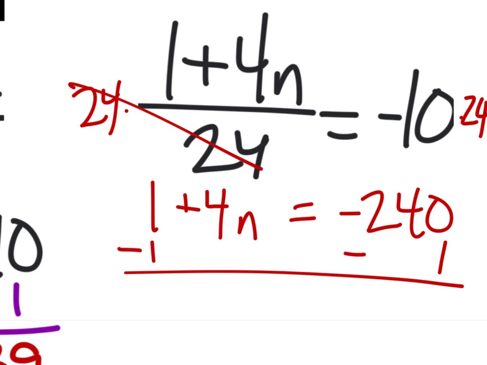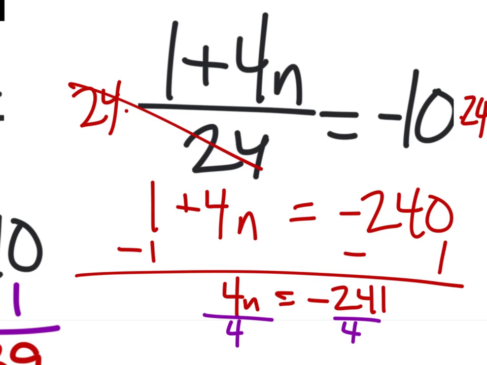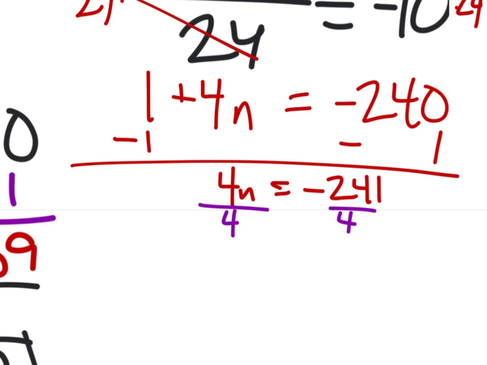Subtracting 1 from both sides, I get 4n equals a negative 241. And finally, we'll divide by 4. This can't be simplified, so our final answer on this part as well, n equals negative 241 fourths.